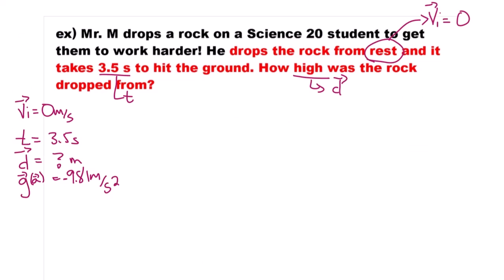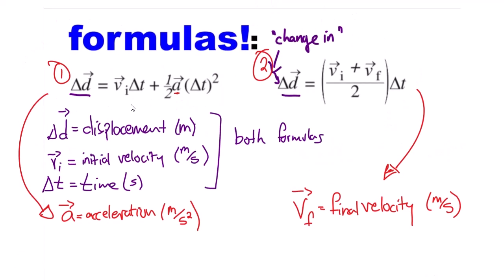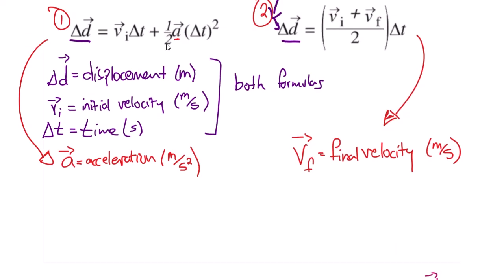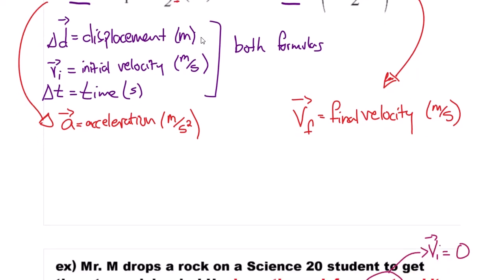So let's start by writing out my formula. My displacement is equal to my initial velocity times my change in time. So VI times my delta t plus 1/2 times my acceleration times my change in time squared.